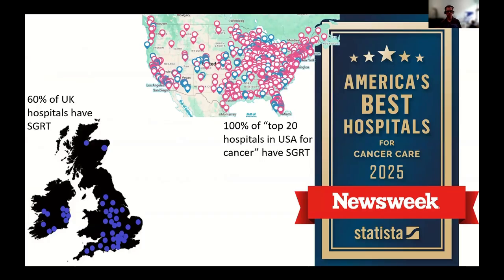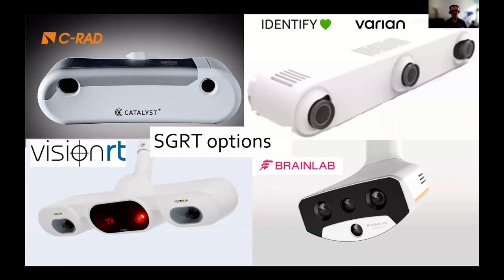And then in the UK, we're a little behind because the NHS has slightly less money, but 60% of the UK hospitals have SGRT, and I know that the 40% that don't are really trying to get it as soon as possible.